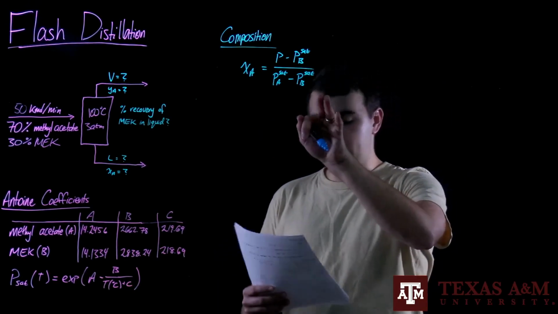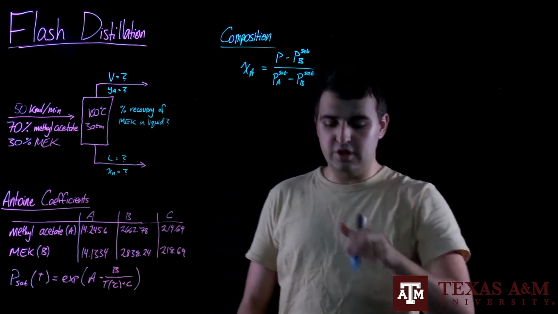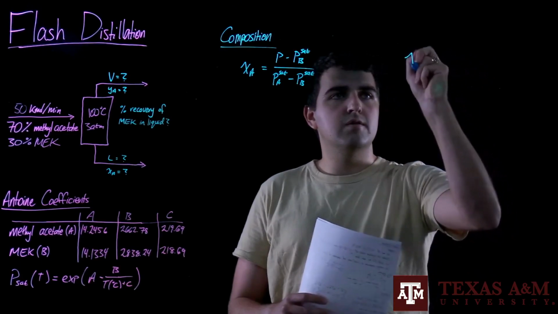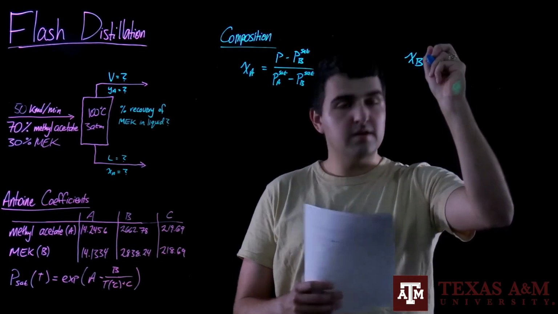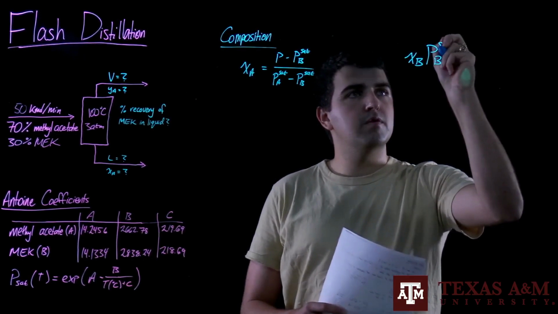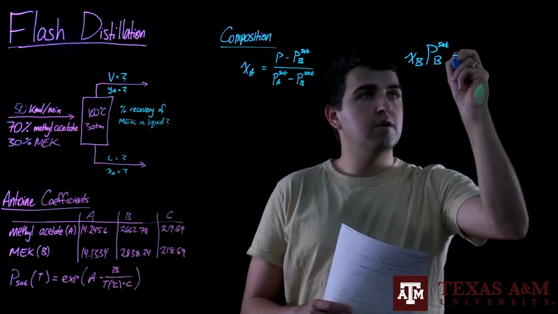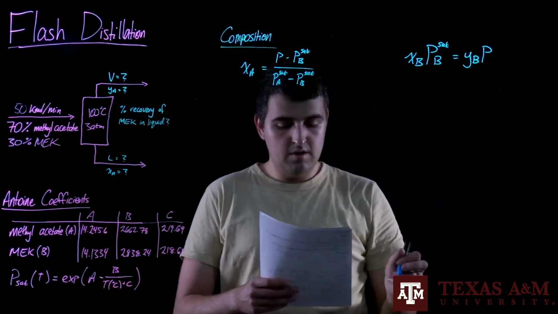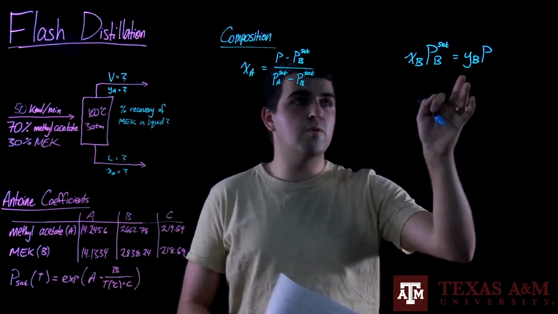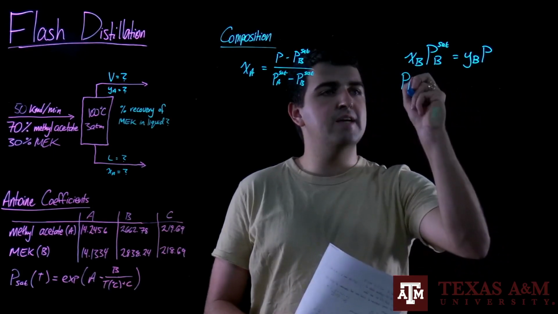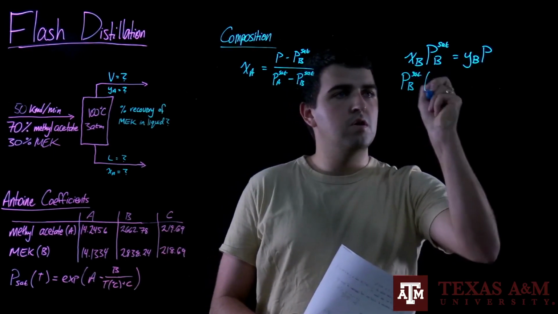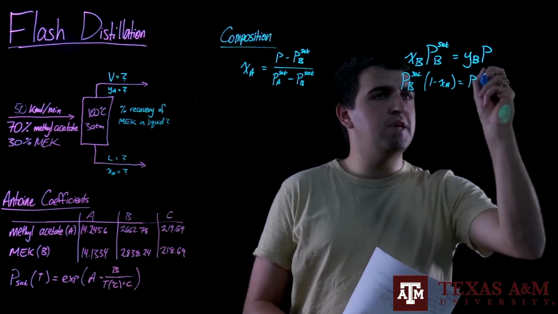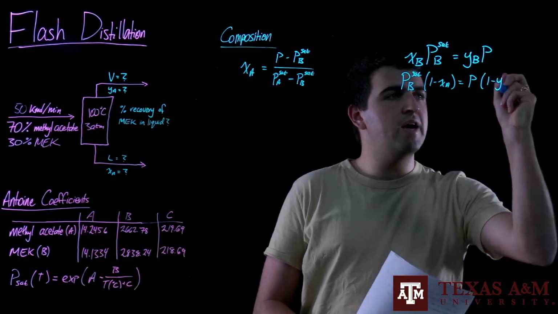However, if you want to rederive this, it's easy to derive just from Raoult's law. With Raoult's law, we start with our B species, XB PB sat equals YB P. We change B's for A's, so we get PB sat times 1 minus XA equals P times 1 minus YA.